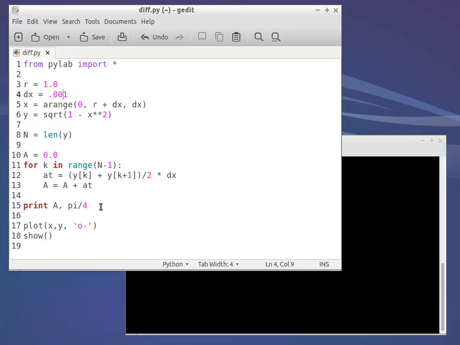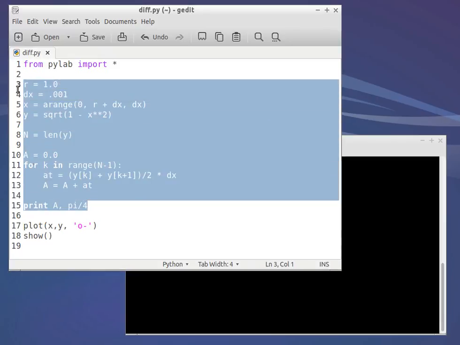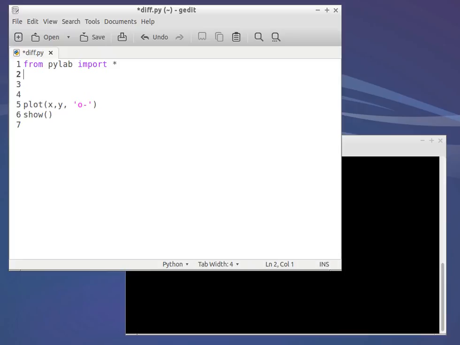But again, SciPy gives you a Python module called scipy.integrate. So let us get that. There is a package called SciPy, and in that we need to import a module called integrate.